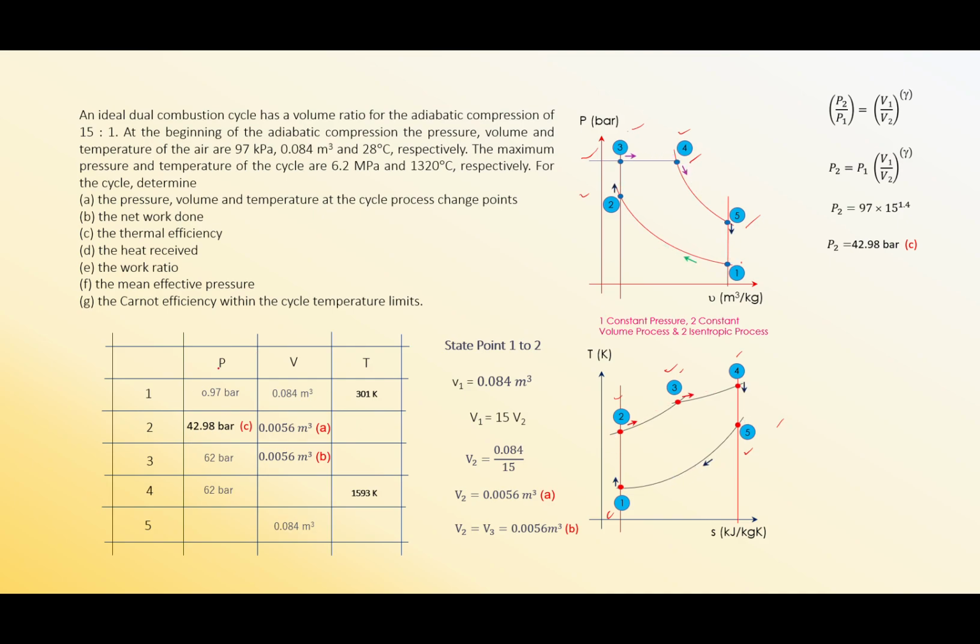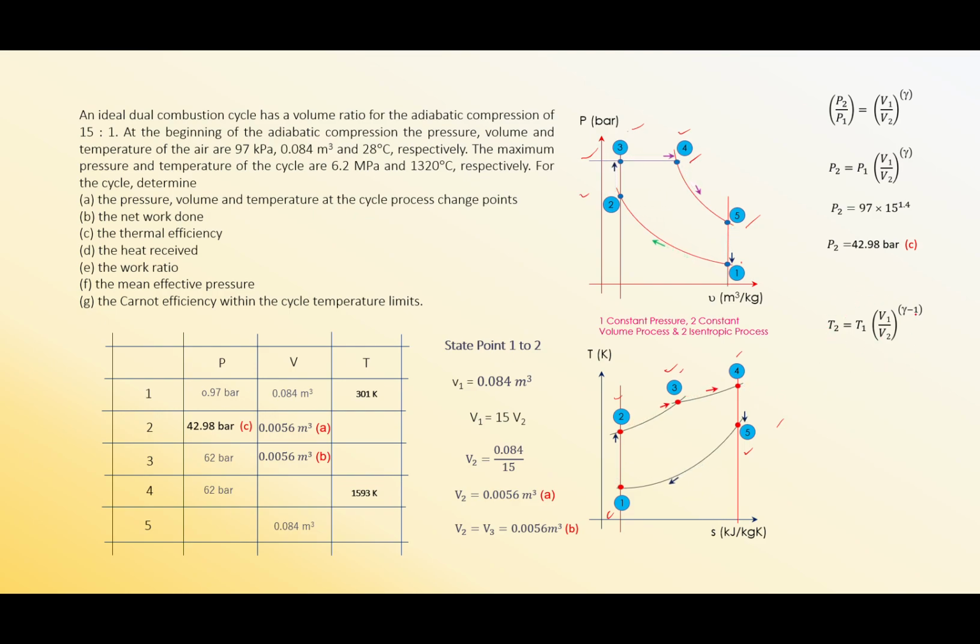Then when you look into the table, there is an empty space here at point 2, temperature T2. We can find T2 either by using the isentropic relationship, or you can use PV equals to mRT. But before you use PV equals to mRT, based on these three values you have to find out your mass first. Either way, you can use either way. I have used the isentropic relationship between temperature and volume.